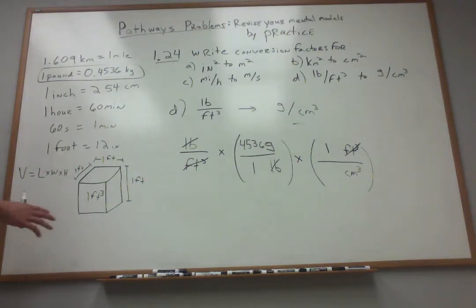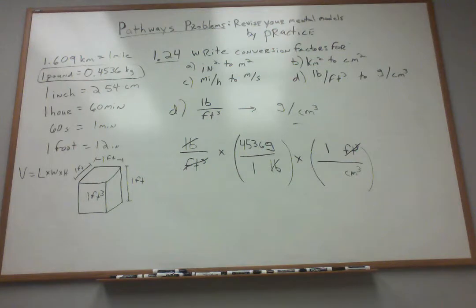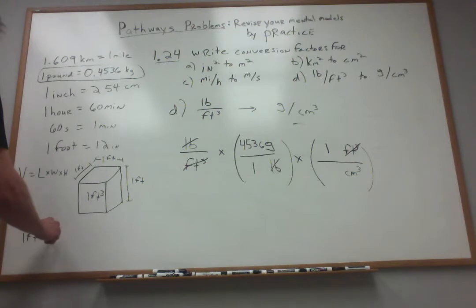Alright, now you can see where I'm headed with this already based on our last problem, I hope. Can't I also define this cube in cubic centimeters as well? Think about how to do that. Well, what do I know about 1 foot? A foot is 12 inches. You with me on that, right?